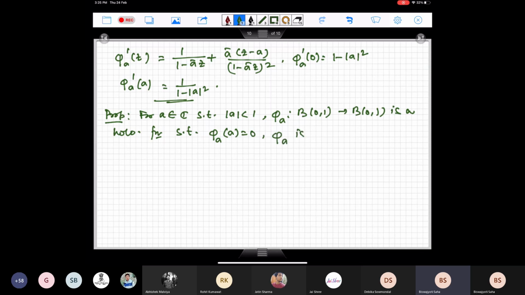Clearly phi a is injective because we have already seen its inverse is phi minus a.